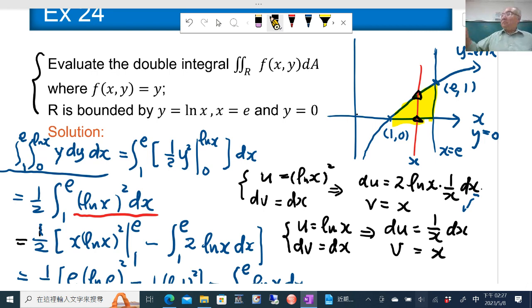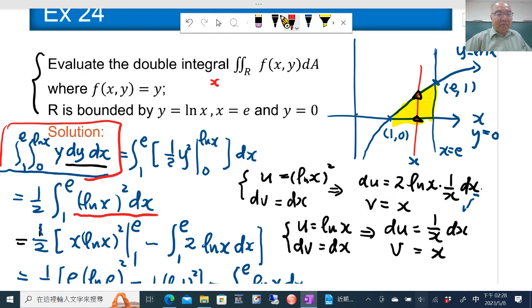Okay, so this is a very typical example, starting with dy dx, and draw the curve like this. For instance, you might start with this integration form. And from here, you know that your x is between 1 and e, and your y is between 0 and ln x, right?